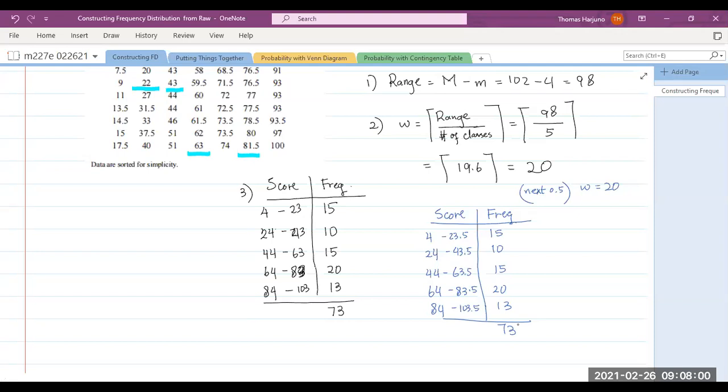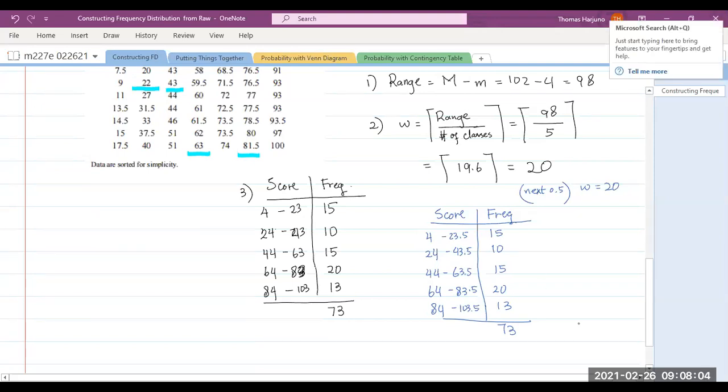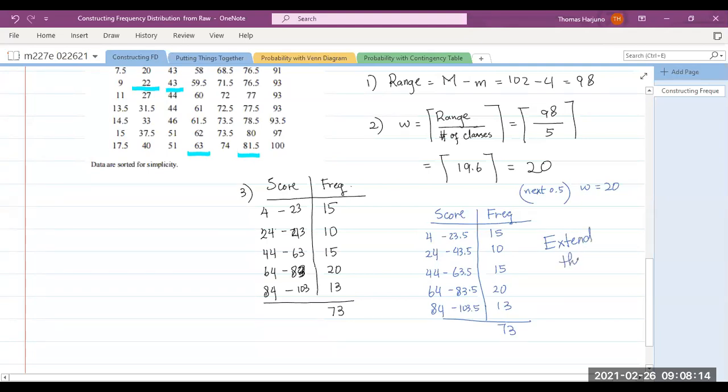In practice, it's possible we do it this way. But one of the steps that we will do later on is to extend this frequency distribution to find, let's say, the mean.